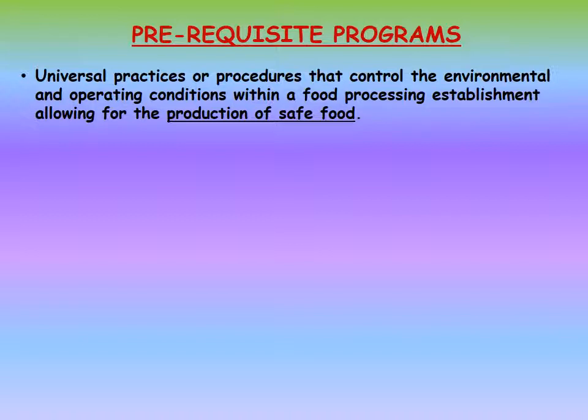Okay, so again, for implementing HACCP, we need to practice our prerequisite program, or we call it a foundation program. Okay class, can you name some of the foundation programs before we practice HACCP?